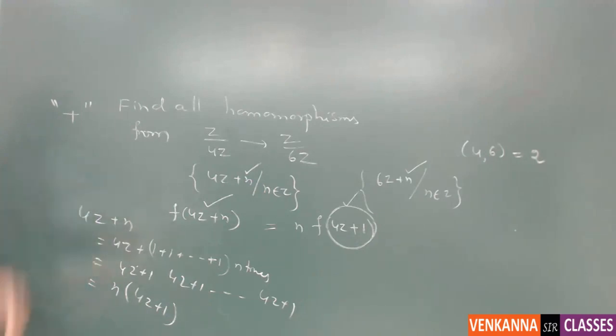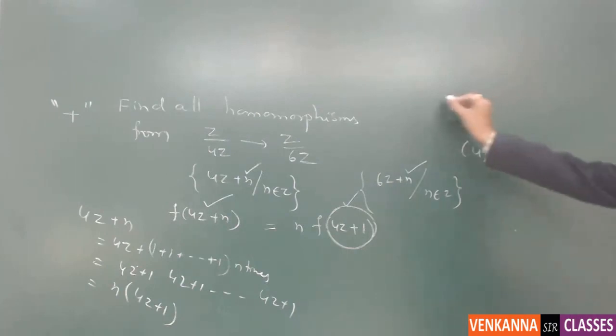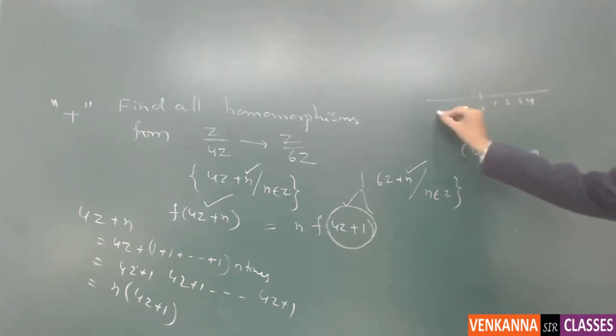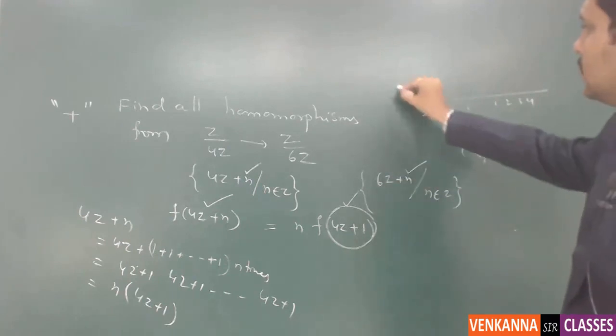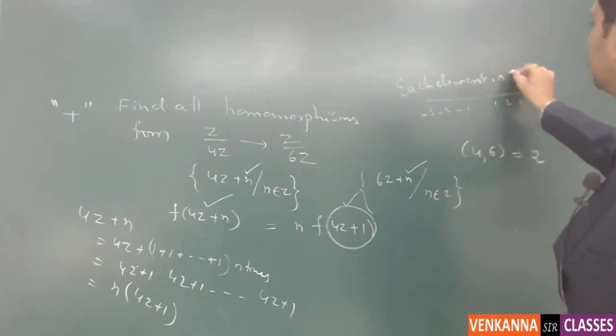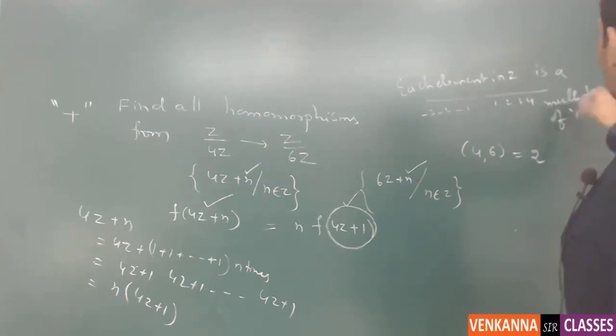I will say like this. Suppose we consider the integer line. Each element in Z is a multiple of 1. Accepted?